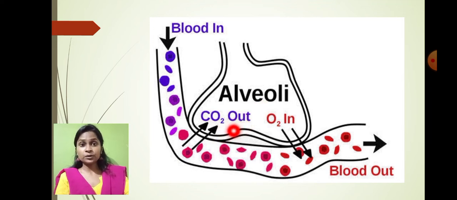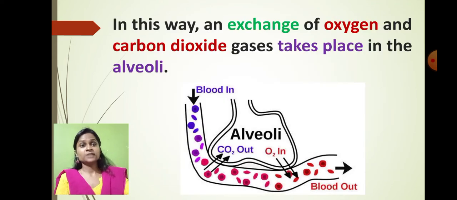This carbon dioxide will come out of the lungs, and it will come out of the nose. So this is how exactly the exchange of gases takes place. You can see that in this way, the exchange of oxygen and carbon dioxide takes place inside the alveoli. Understood now how exactly the exchange of gases takes place? I hope so. Now the students' concepts are clear.